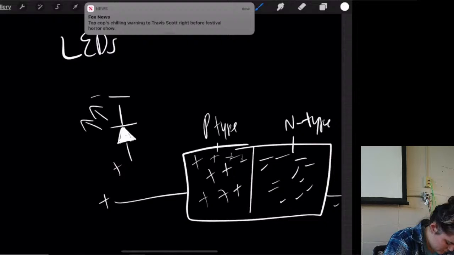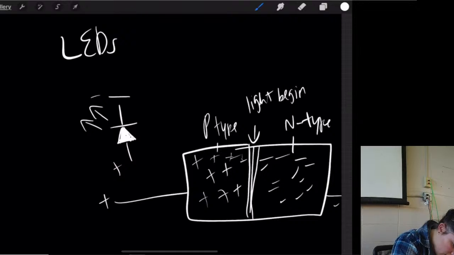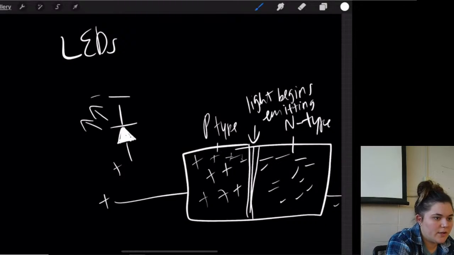Right in the center is where it begins emitting light, in that depletion region, because that's the neutral region. That's where the electrons lose the extra kinetic energy, in between the P-type and the N-type.